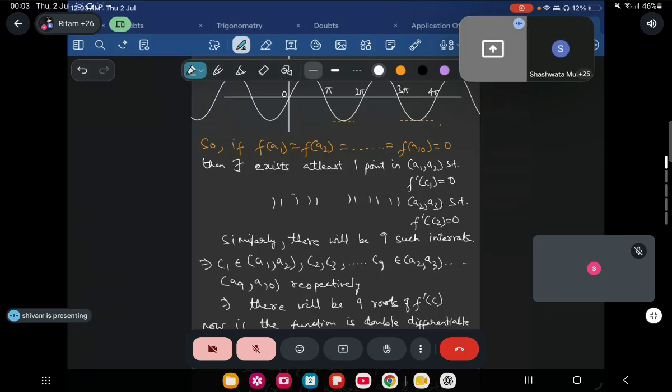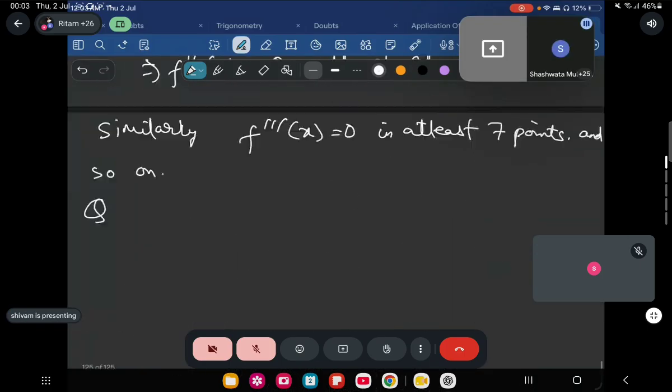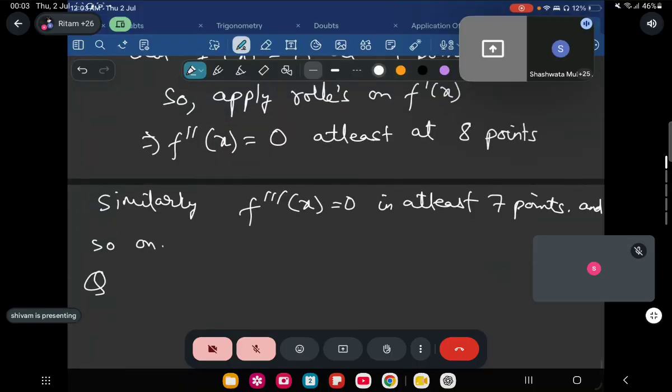Sir, if f double dash x is equal to 0, what does it imply for f of x? Concavity of the graph. No, if it is greater than 0, then it is concave up, and if less than 0, then concave down. If it is equal to 0, then what does it say?